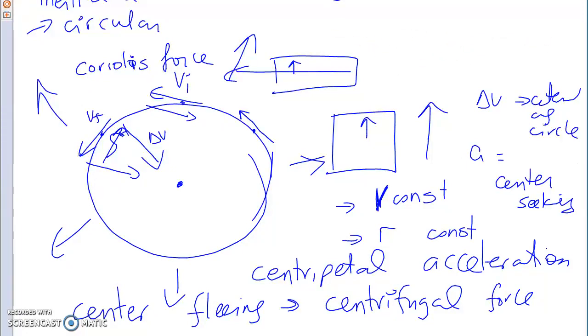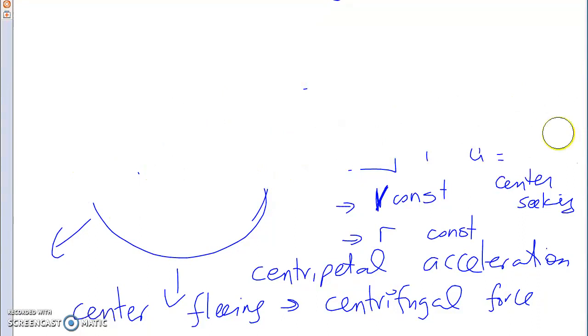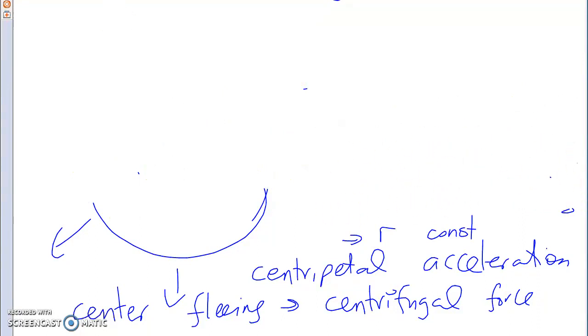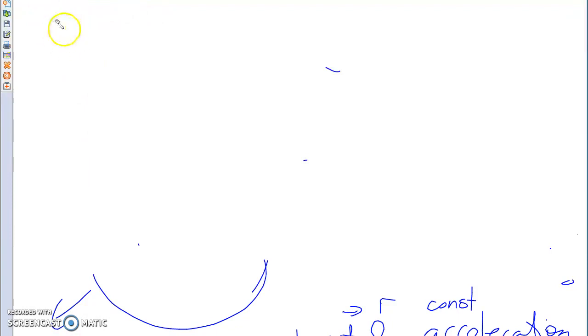A few things that we need to remember are the formulas. We said that centripetal force is not a new force; it is nothing but the net force, made up of a combination of all the forces.